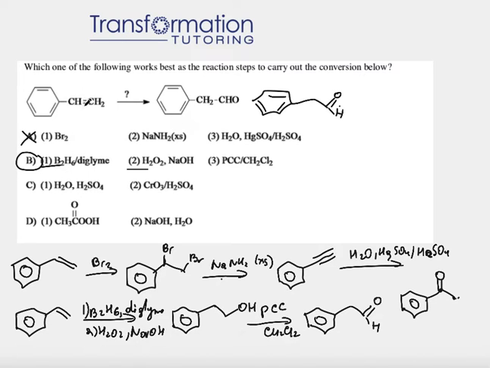So if we get rid of the double bond and put OH on the most substituted carbon, then CrO3 with H2SO4 just converts our OH into double bond O. So this sequence of steps will give me double bond O on the most substituted carbon, just like A, and not on the least substituted carbon like we need it to be. So we can eliminate it.